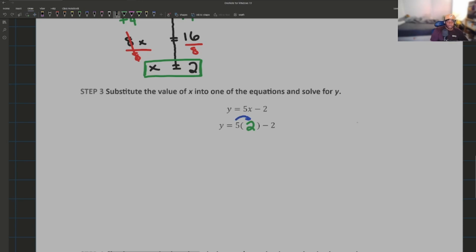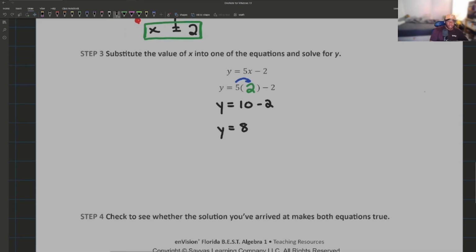5 times 2 is going to turn into y equals 10 minus 2. And once we're done here, we're just going to go ahead and simplify 10 minus 2. That's going to get us 8. So, just like before, just like the solution we found with graphing, we're given this pair of x value and y value.